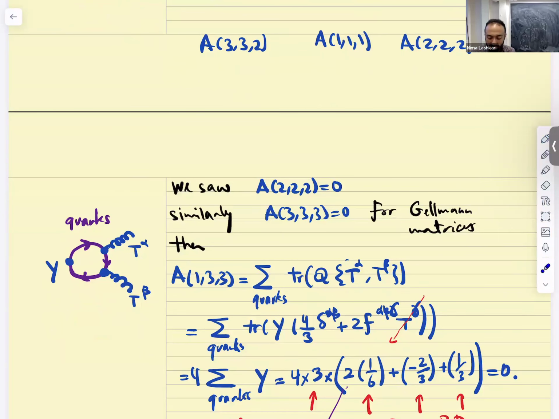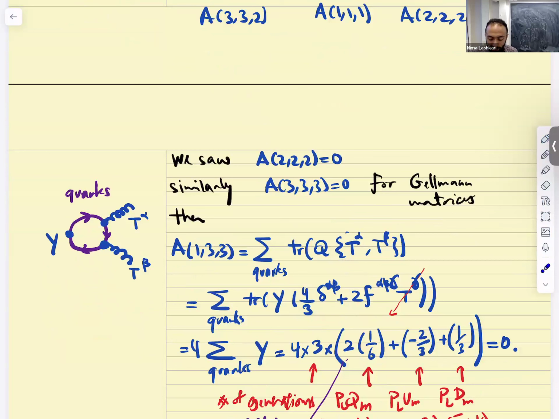All right, so that term goes away. You're left with this. There's this factor of 4. Let's not worry about it. But basically, to calculate 133, we have to sum over all quarks, not leptons. Why quarks? Because those are the only things that couple to gluons, right? They have hypercharges. All right. There's a 3 sitting outside. This is the number of generations. It won't change the anomaly. So you see, okay. Then, what are the quarks?